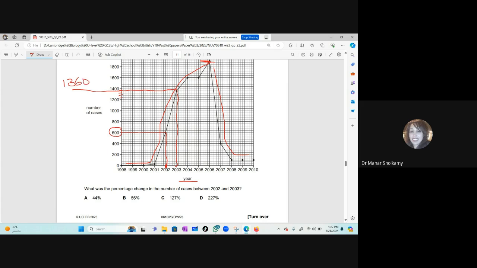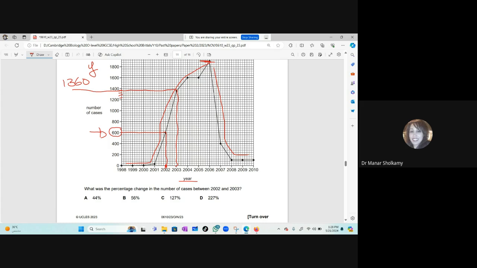What is the percentage change? Final minus starting over starting. Okay, the final, this is the final over the starting, which is 600. Okay, it is 760 divided by the 600. The value will be 1.26 times 100 because I have a calculator.